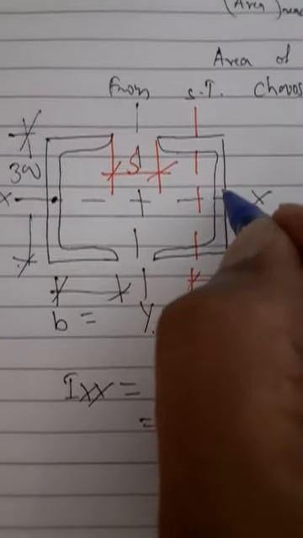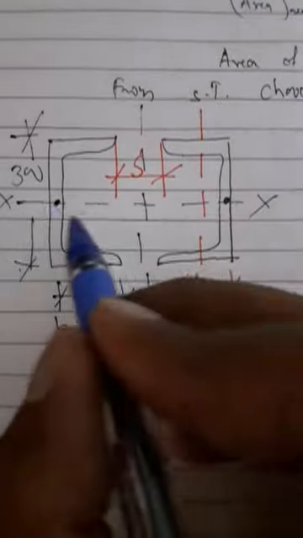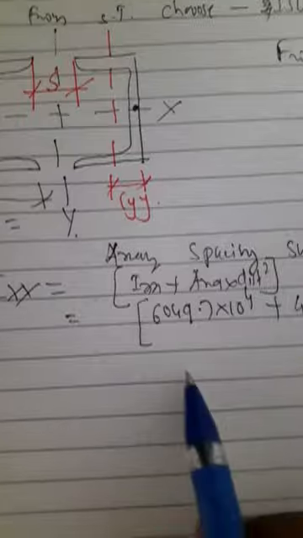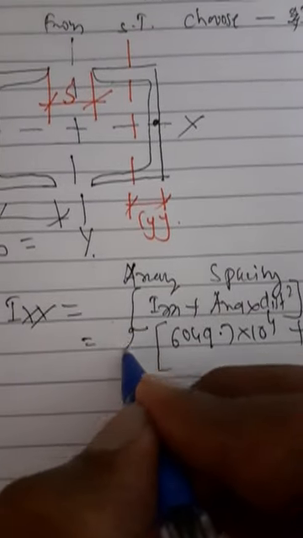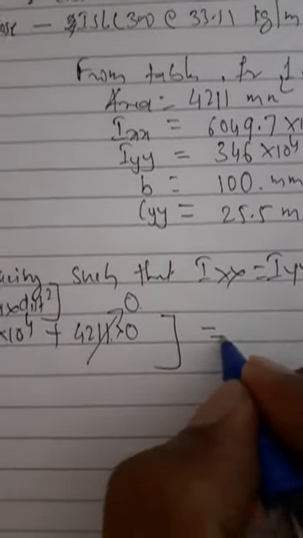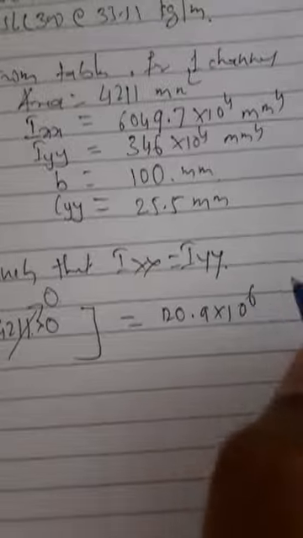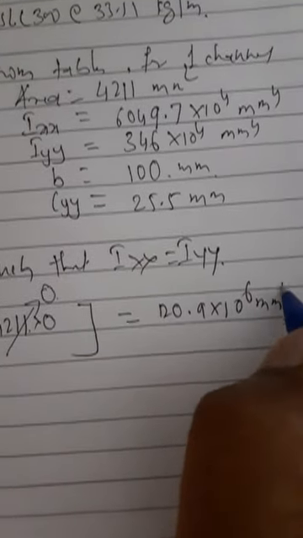Now remember the CG point of this channel is here and of this channel is here, so the distance of the CG of the channel from the IXX axis is 0. So this whole term becomes 0. This is for one channel. I want for two channels. So I get the answer 120.9 into 10 raised to 6 mm raised to 4.